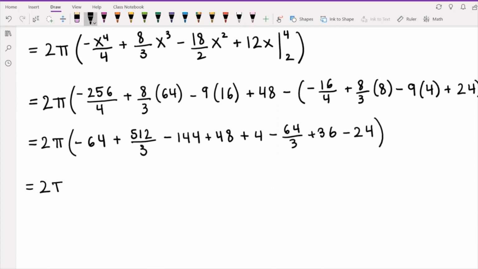Okay, so a bunch of numbers to combine here. Let's start by combining the integers. So if we add together negative 64 minus 144 plus 48 plus 4 plus 36 minus 24 altogether, that gives us negative 144. And the next thing we want to do is combine these things that are over 3. And so we have 512 minus 64, and that gives us 448.